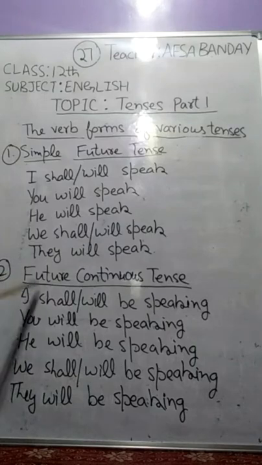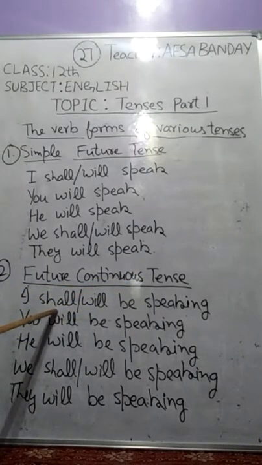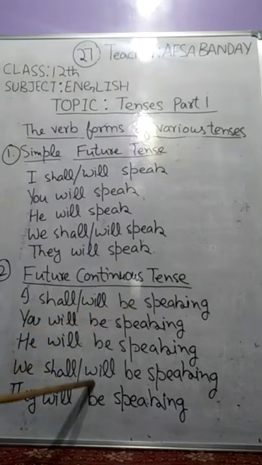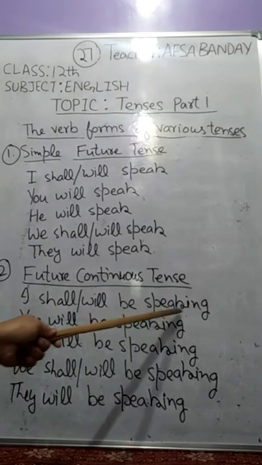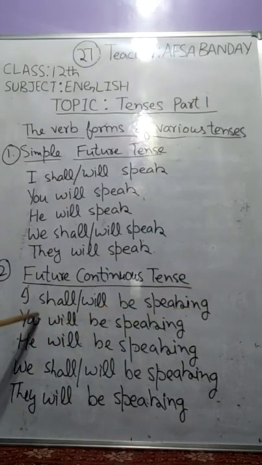Next, future continuous tense. In this case, we use will or shall plus be as a helping verb plus present participle form of the verb, that is verb in its ing form. I shall or will be speaking. You will be speaking. He, she or it will be speaking.